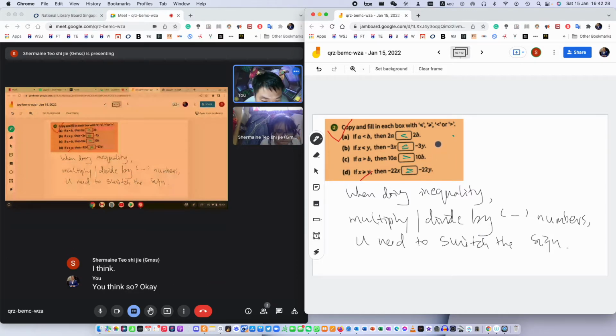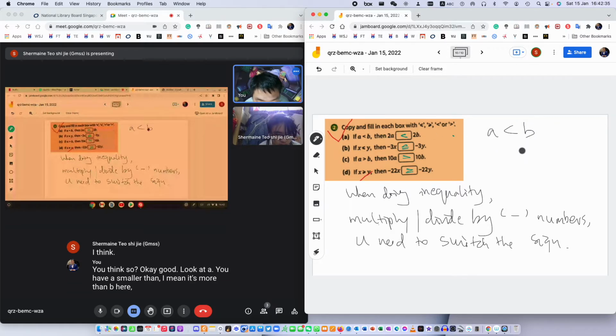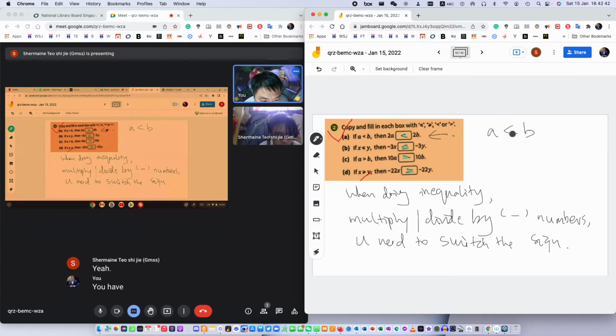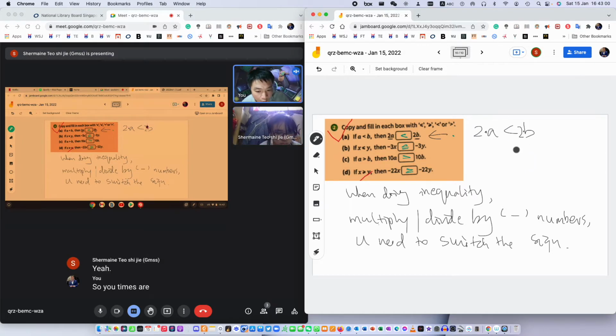Okay, good. Look at A. You have A smaller than B here, right? And then what you have done on the left, you have done on the right, times the 2, right? So you times the 2 both on the left and on the right.